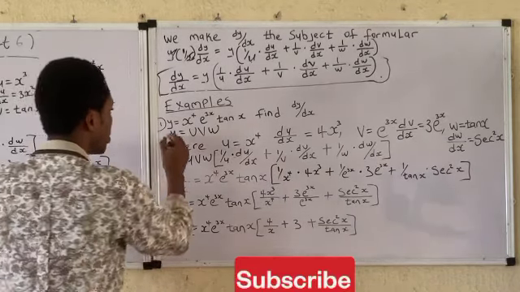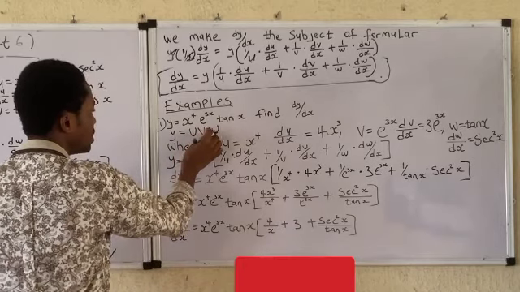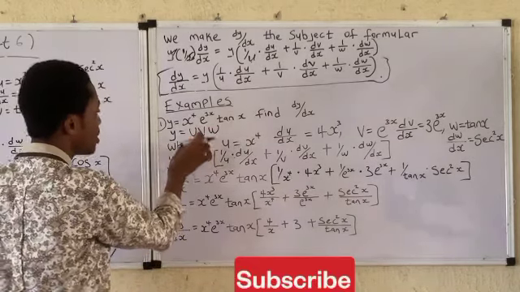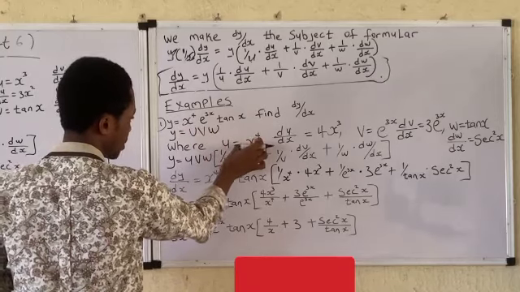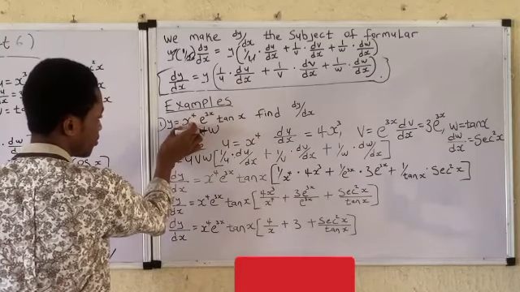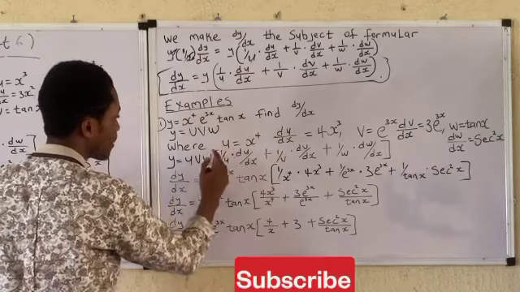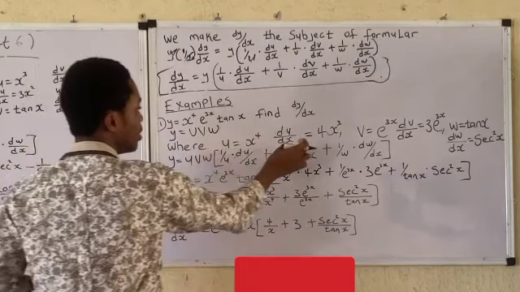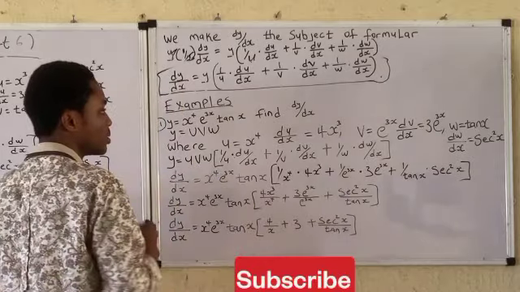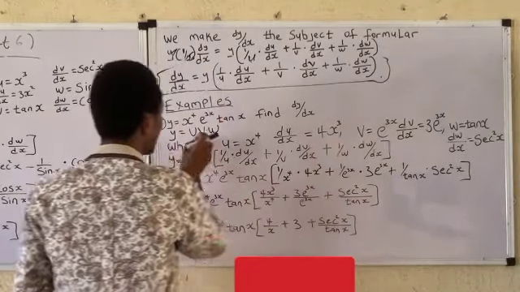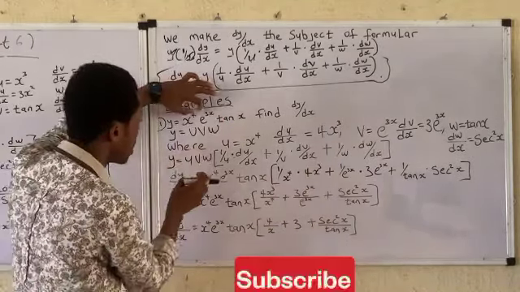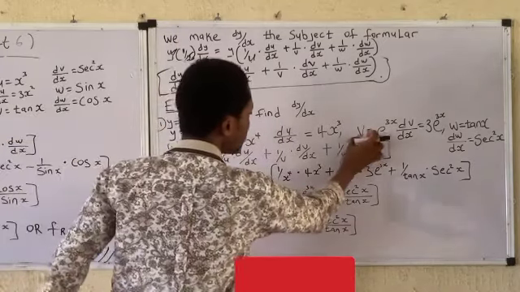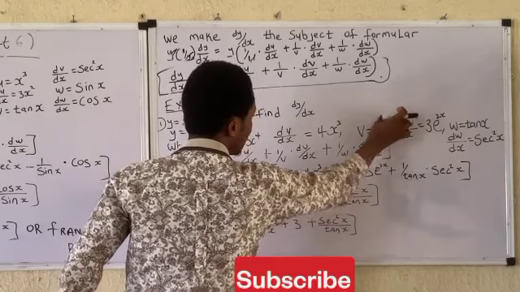Now with the question, y equals uvw, where our u is x to the power of 4. Now, du dx, the variation of u with respect to x, equals 4x to the power of 3.